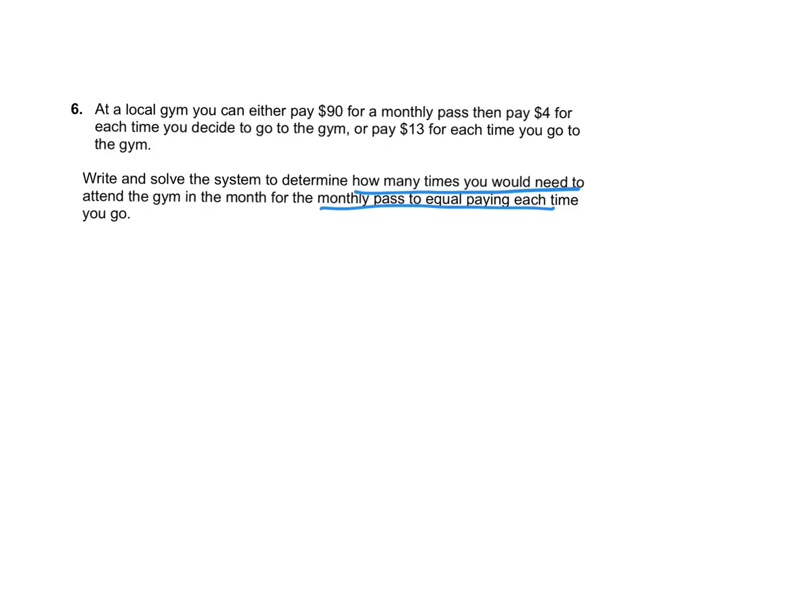So let's take a look at this. So we're going to have two equations. So this first one, the first gym, they charge $90 for a monthly pass, and then you pay $4 each time you go. So that's going to look like you're going to pay your $90 for your monthly pass, and then you're going to pay $4 each time you go. And so we're looking for those words like each, every. That's the one that gets the variable.